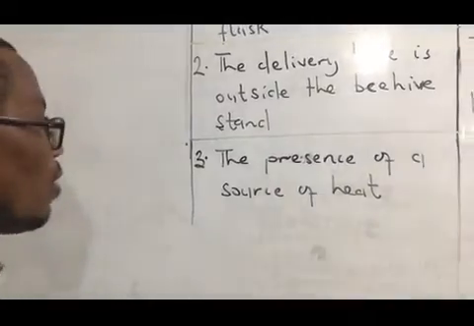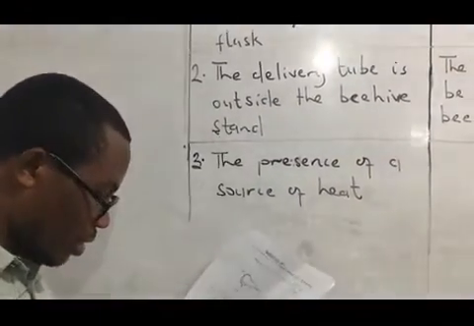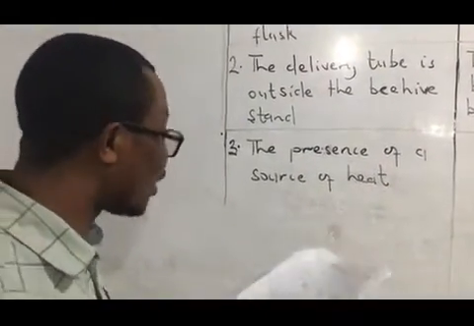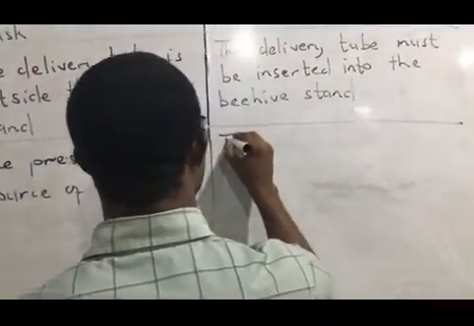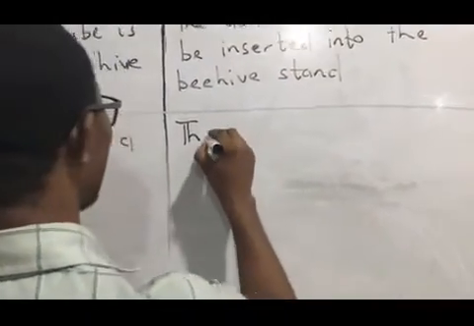So the presence of a source of heat is an error. So the precaution or the correction is that the source of heat should be removed.